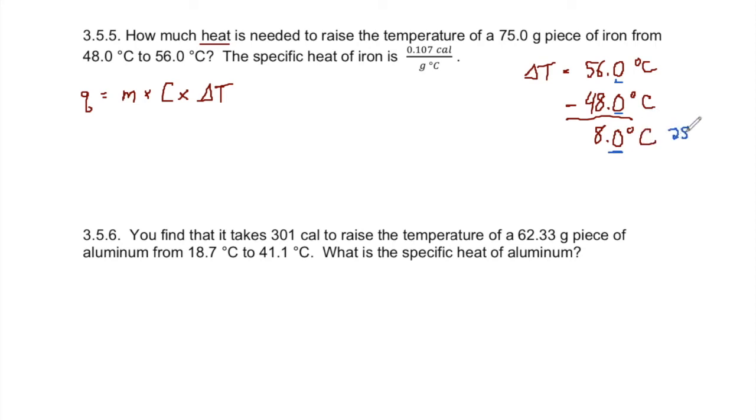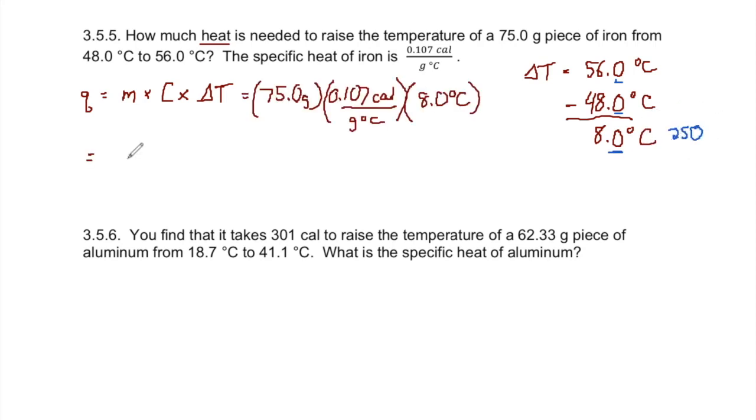So this only has 2 significant digits. When I multiply all these numbers together, my calculator gives me 64.2. The units for that, since the degrees Celsius and the grams cancel, the units should be calories. And the significant digits should go down to 2 significant digits because of the temperature.